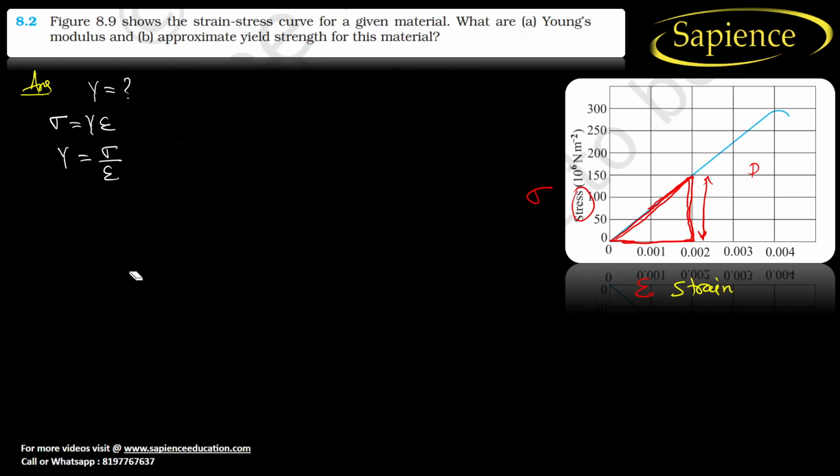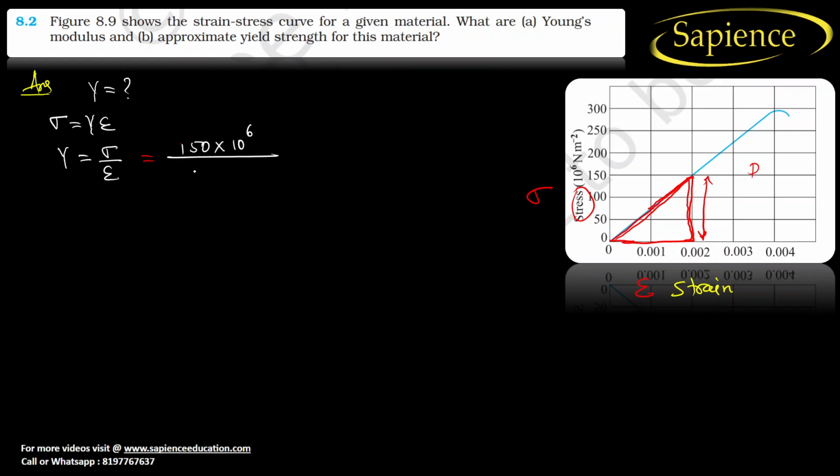Let us write here the stress value. This is equal to 150 into 10 to the power 6 Newton per meter square, because they have given stress in the form of 10 power 6. And what is the strain for the corresponding triangle?